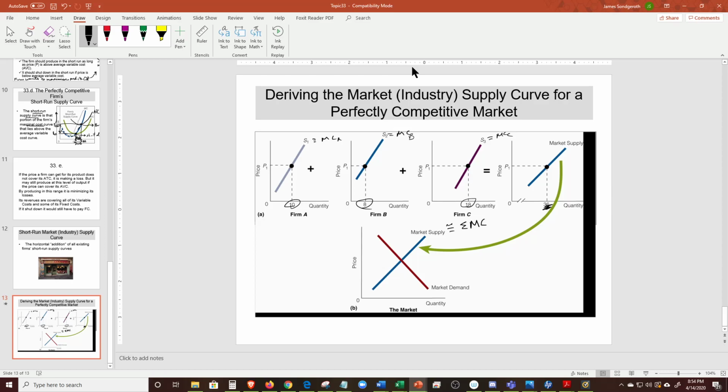And remember that the market demand curve approximately equals the marginal utility of the goods to the consumers, okay? So this is basically your marginal benefits. And of course, this is your cost.